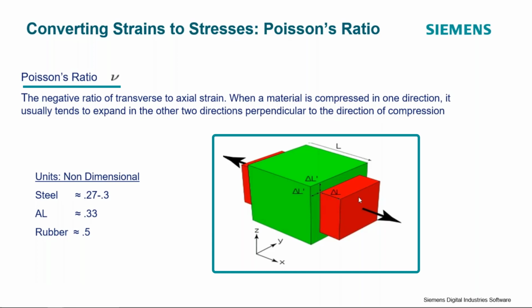But when it's elongated in this region here, that also means that the material has to undergo some deformation in this case, the Y direction and the Z direction as well, which causes some additional stresses in the material, which we need to take into account. And we do this by using Poisson's ratio, which is the negative ratio of the transverse to the axial strain. So it basically tells us how much the material will deform in this direction, given the deformation in this direction.